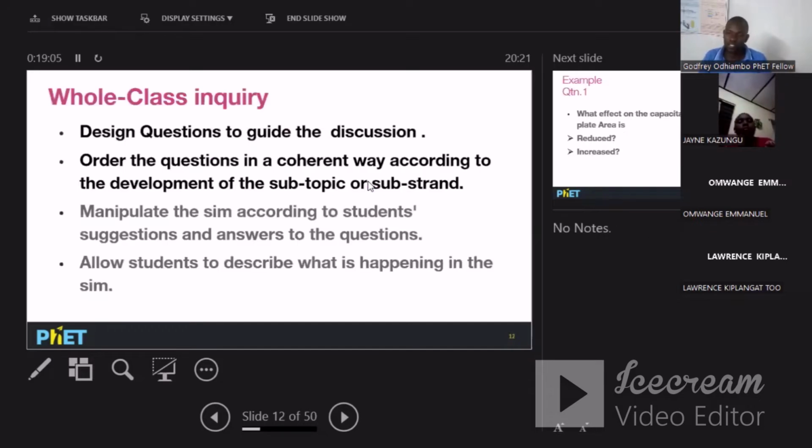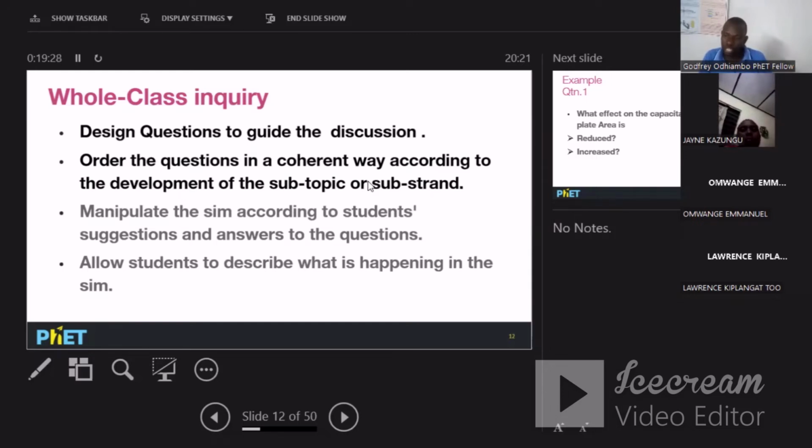So the first is a whole class inquiry. The teacher designs a guide, that is, designs questions to guide the discussion, and the questions are ordered in a coherent way during the development of the lesson.